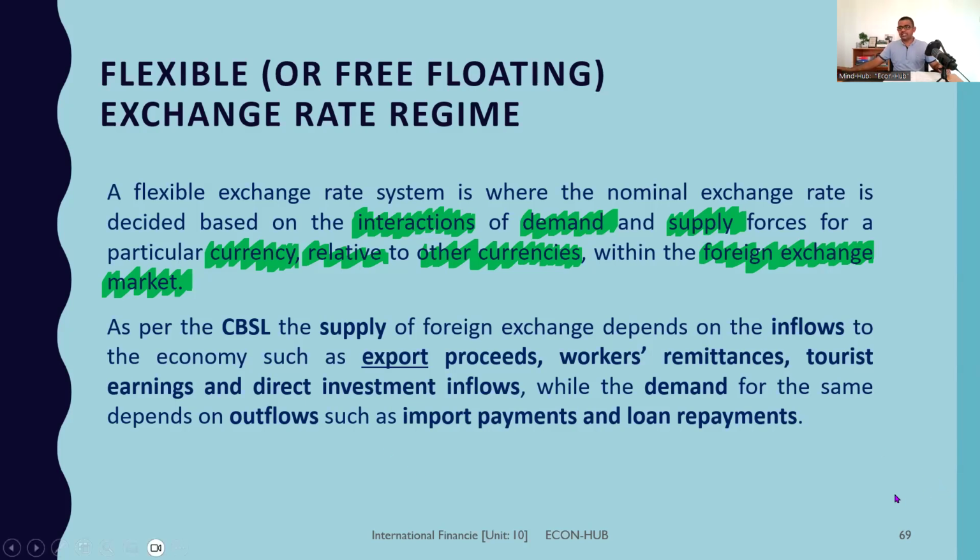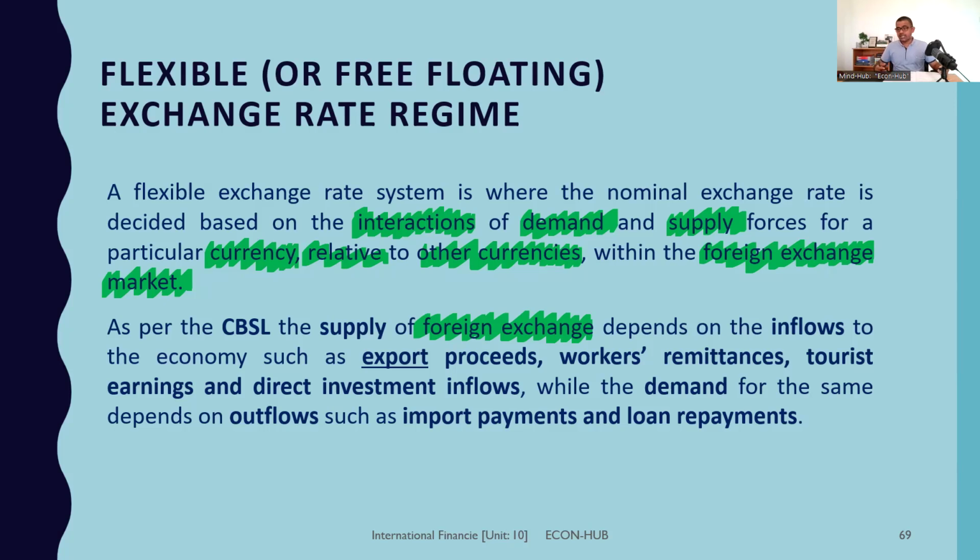The Central Bank of Sri Lanka says supply is mainly due to the supply of foreign currency. Now, don't get that mixed up. Supply of foreign exchange depends on inflows to the economy, such as export proceeds, the money we get as payment for exports. Then worker remittances, a big amount of inflow: migrant Sri Lankan workers, Sri Lankans working abroad sending money.